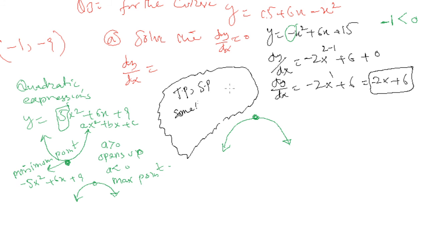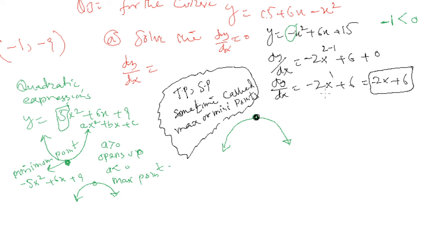Sometimes they are called maximum or minimum points, and it depends on the shape. So in this shape, this point is called the maximum point.